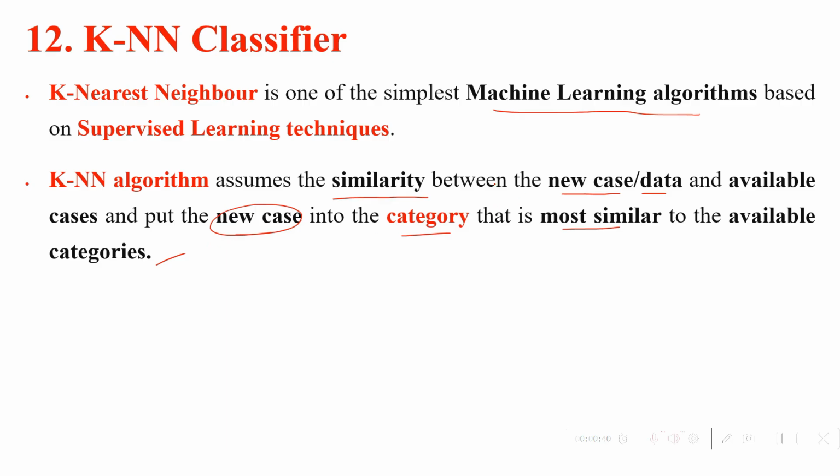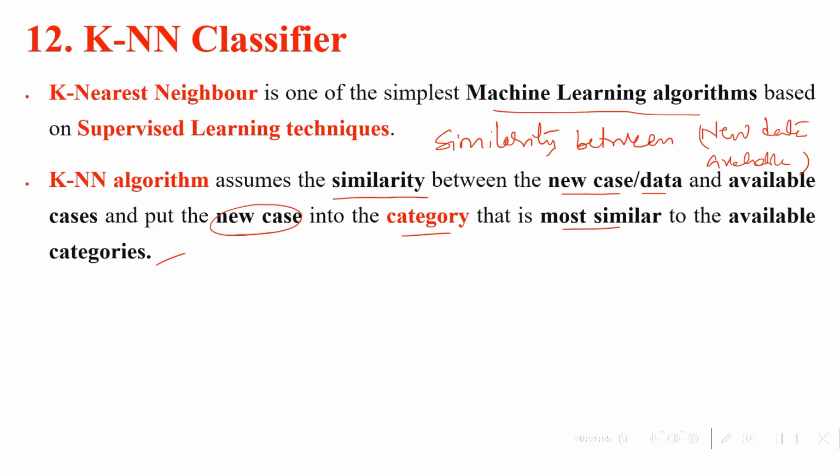So that means here we are using the similarity between the new data point and the corresponding available data points. Based on the similarities, we are going to assign the new class label for the new data point.